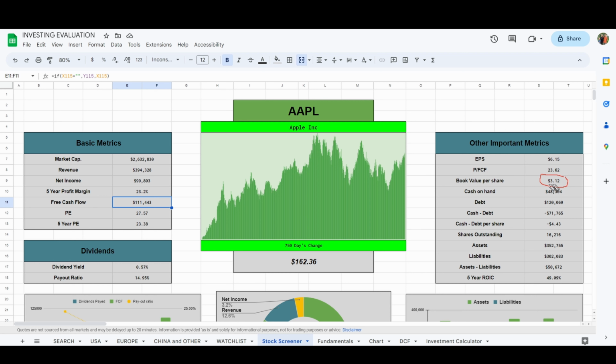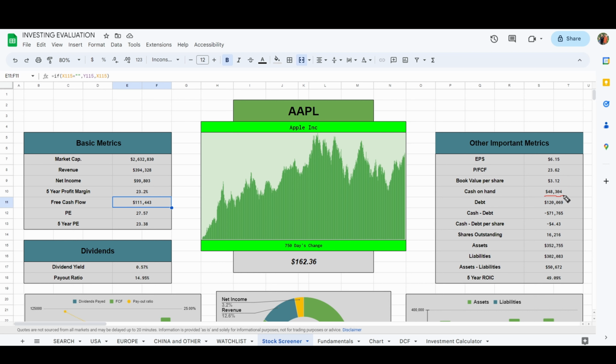And as you can see for Apple, it's only a very little amount of $3 per share compared to the price, which is very high. But of course, book value is not exactly the metric we should be looking for when we're looking at a $2 trillion company. We should be considering more the moat of the business and its future, because of course those are the positives of Apple.